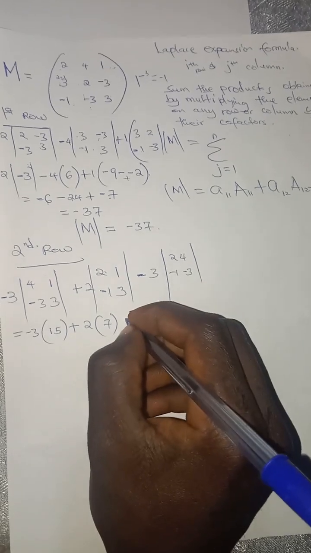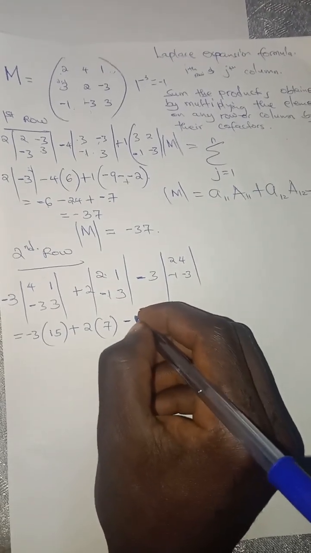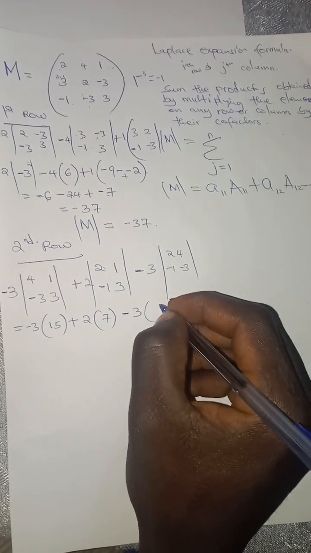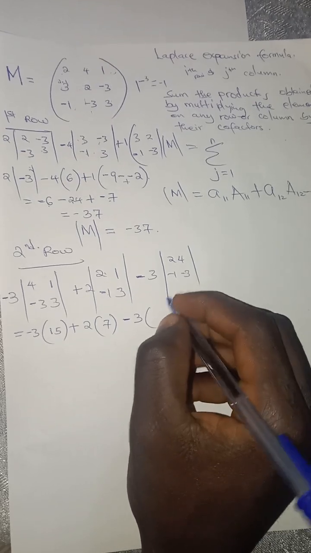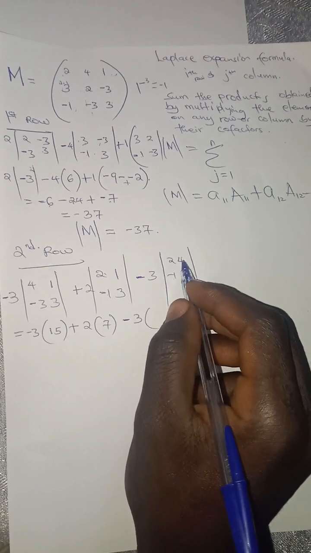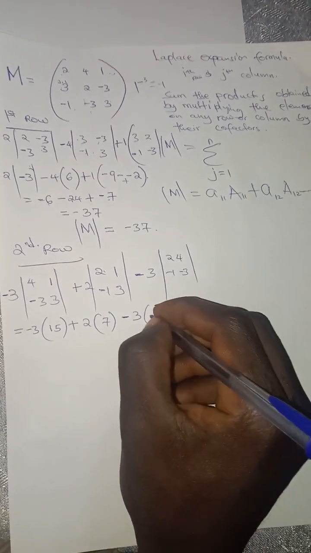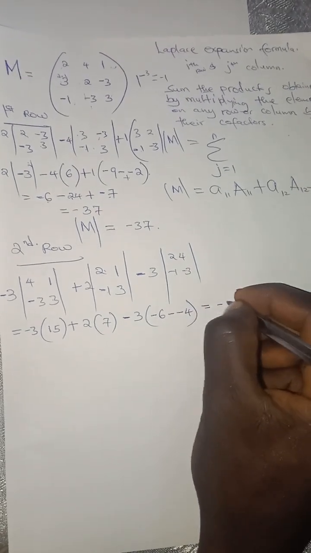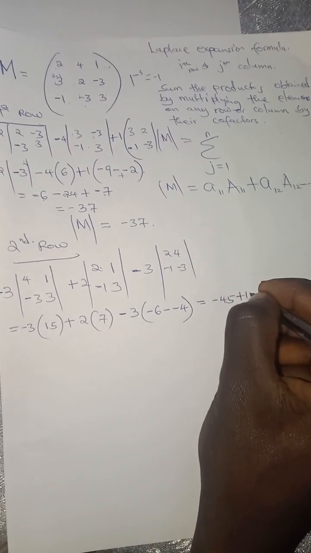Then we'll have minus 3 into 2 multiplied by negative 3 is negative 6, negative 6 minus 1 multiplied by negative 4. Negative 1 multiplied by 4 is negative 4. It will be negative 6 minus 4. Then we'll have negative 45 plus 14.